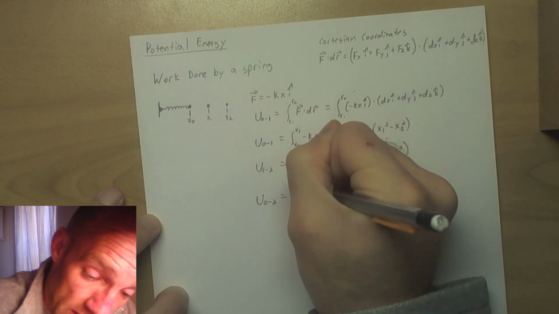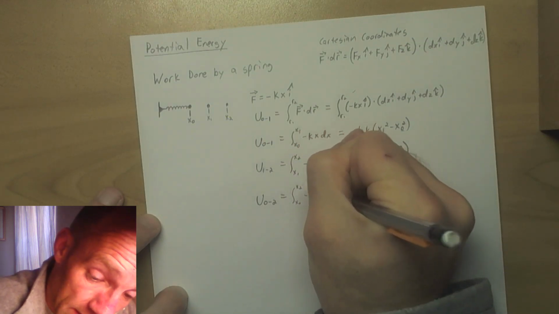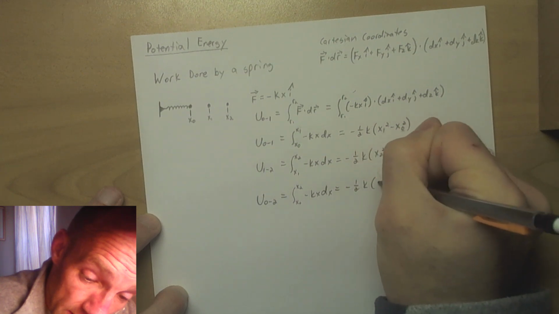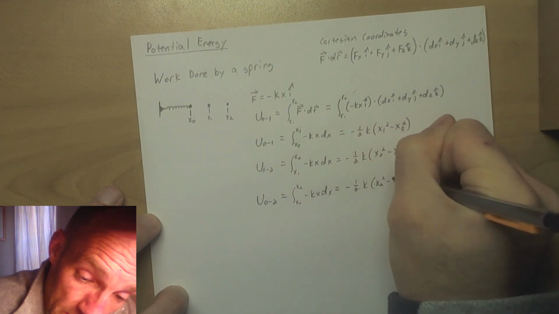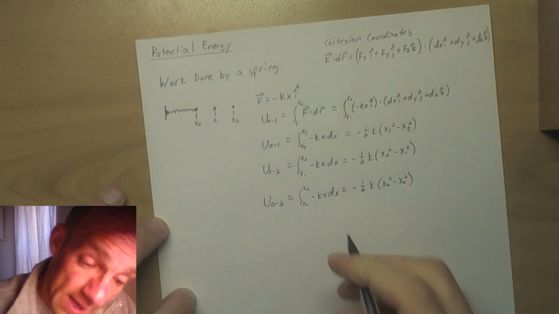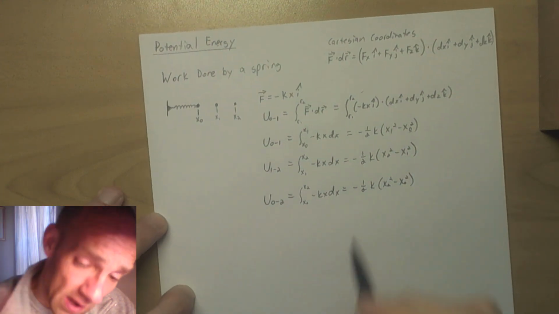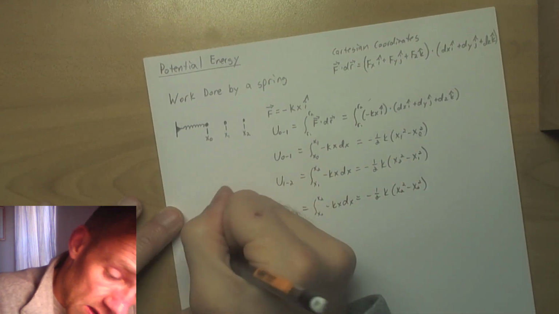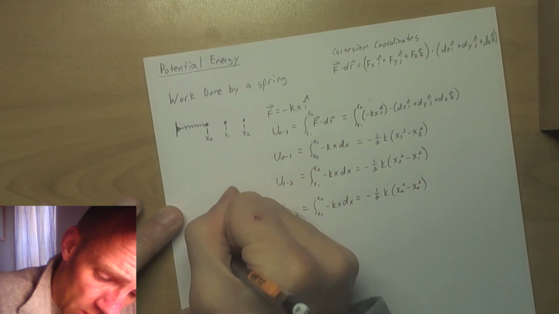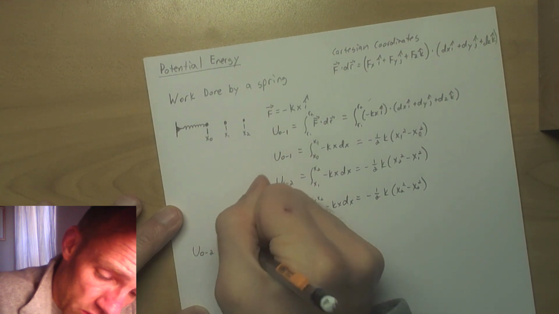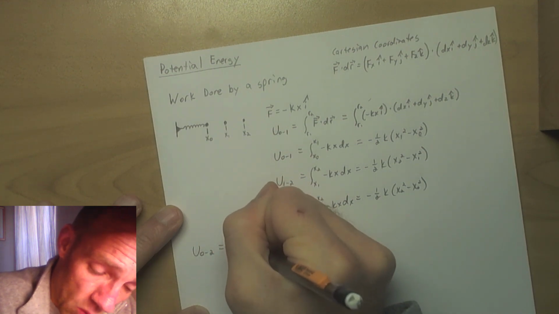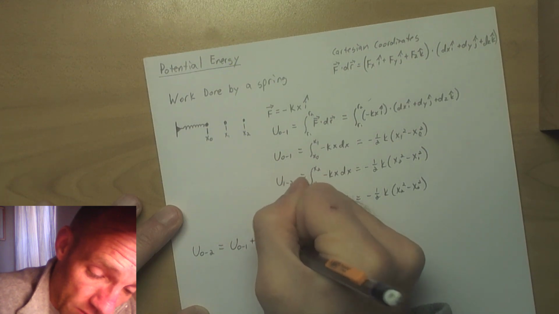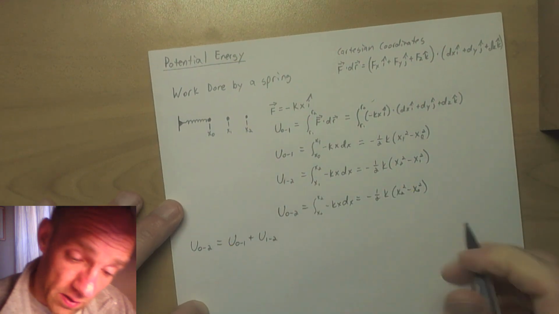So x0, x2, and now we can illustrate the fact that the work done to stretch the spring from 0 to 2 is equal to the work done from 0 to 1 plus the work done from 1 to 2.